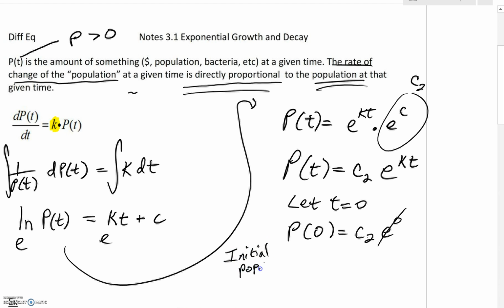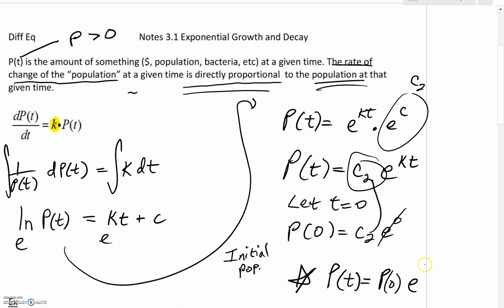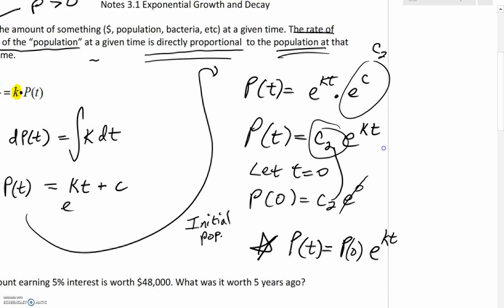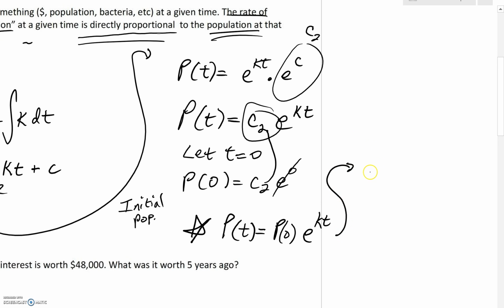So what you would have done back in Algebra 2 even, without a doubt, is say P of t was equal to P of 0, your beginning population, times e to the kt. To be fair, a lot of times we'd even write that as a subscript. Maybe you've seen it written more that way, P sub 0, that would be your initial population.